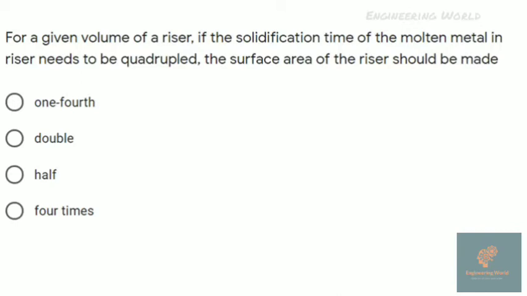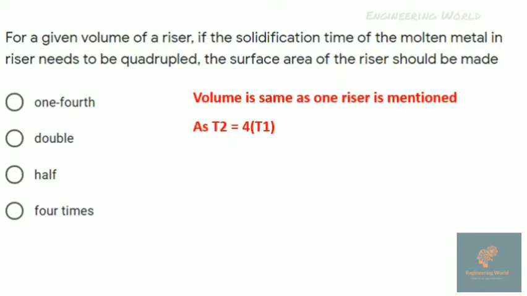Okay. Then the next question is, for a given volume of a riser, if solidification time of molten metal in riser needs to be quadrupled, the surface area of riser should be made. Here volume is same, and T2 is equal to 4 times T1, where T2 and T1 are solidification times in the second and first case respectively.